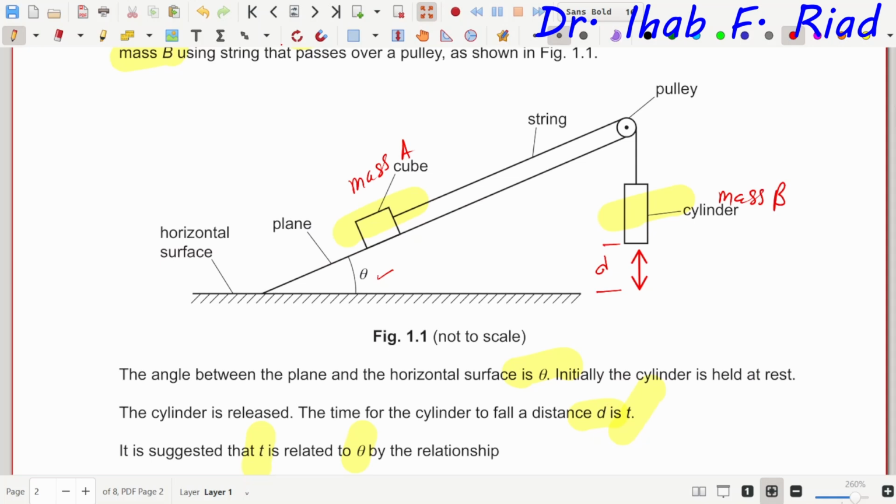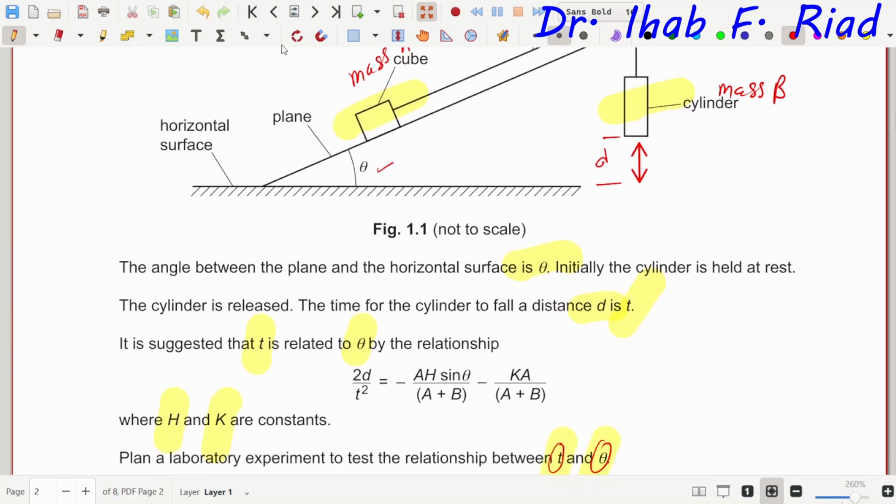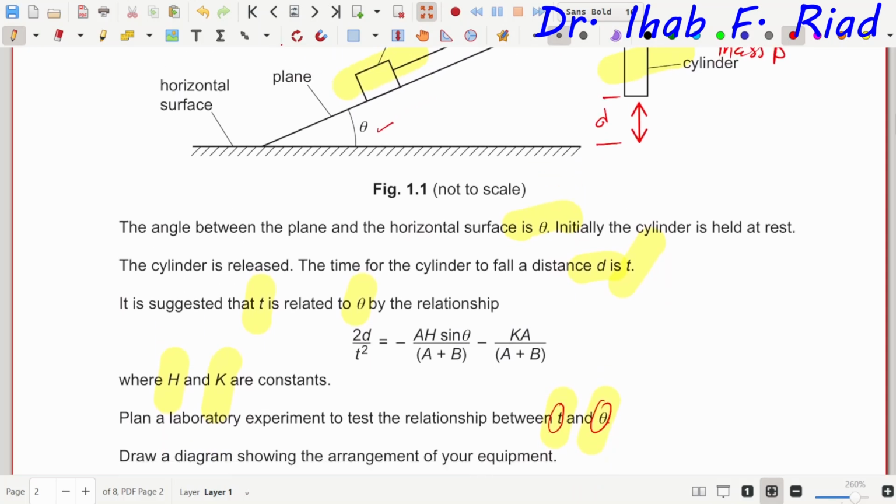Then you are making it fall this distance, and you are measuring the time it takes to fall this distance.